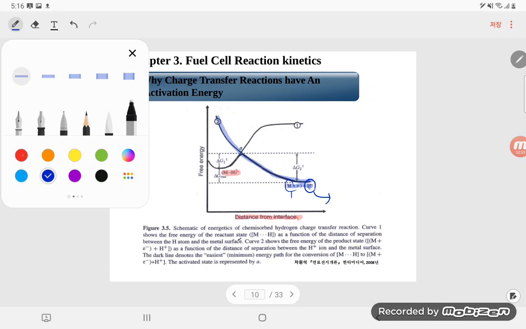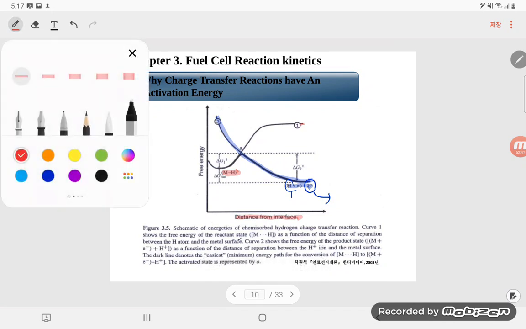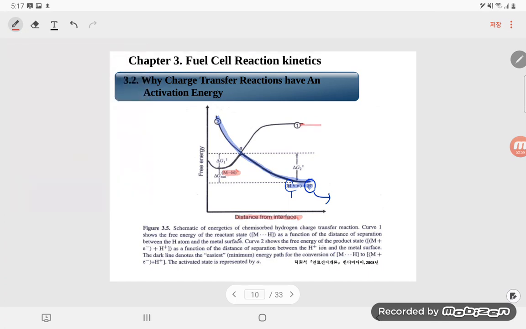And in the first species, the hydrogen atom is not that stable, right? They should make a covalent bond, right? So from far away from the metal electrode, the hydrogen has a higher free energy than the hydrogen gas.